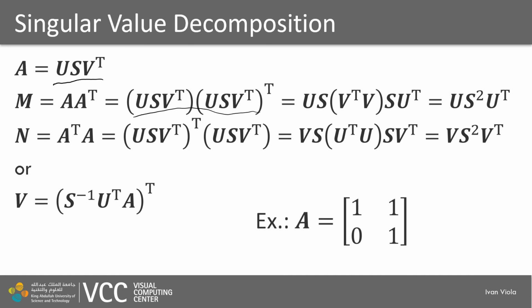And now if we take out this transpose, we will see that U S V transpose, U and V transpose, is equal to V S transpose, which is again S, and U transpose.